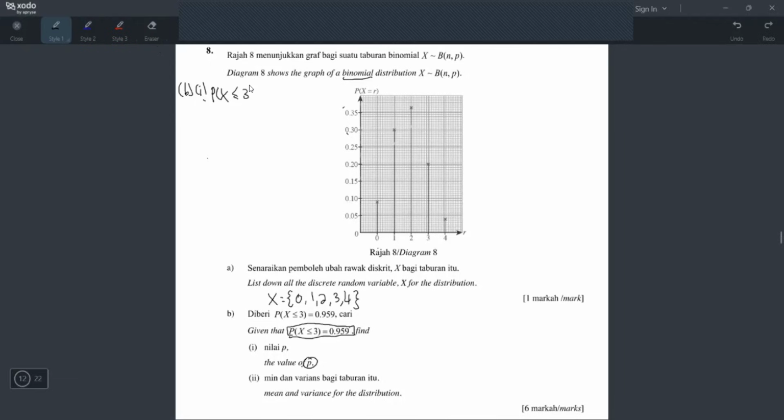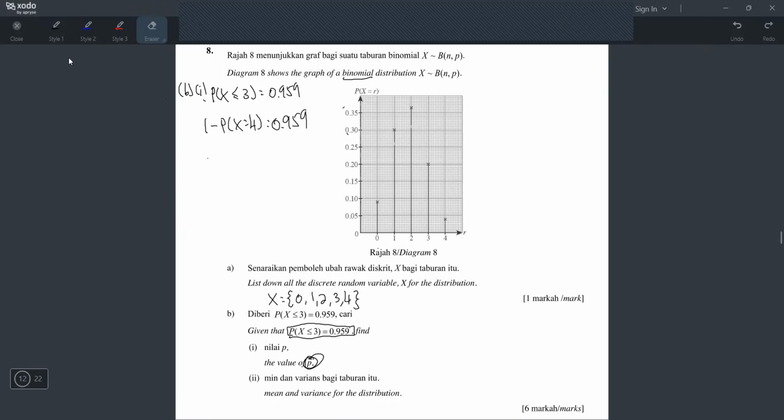It means P(X ≤ 3) equals 0.959, which is P(X=0) plus P(X=1) plus P(X=2) plus P(X=3). The other way to find this is 1 minus P(X=4) equals 0.959, and then we can find P(X=4) from here. And after I find P(X=4), I can find p by using the binomial distribution formula.